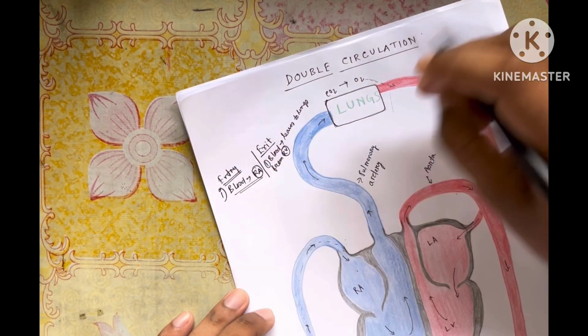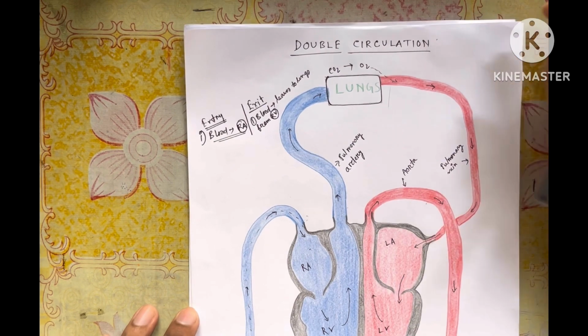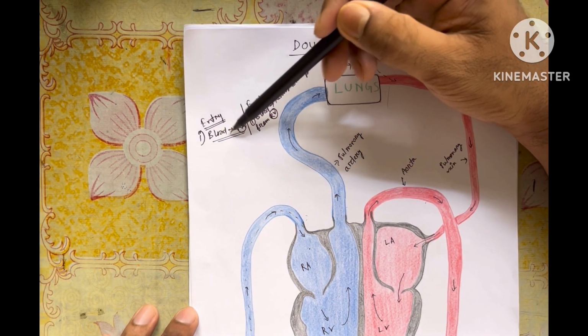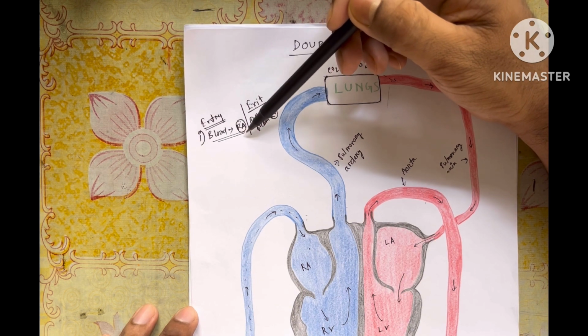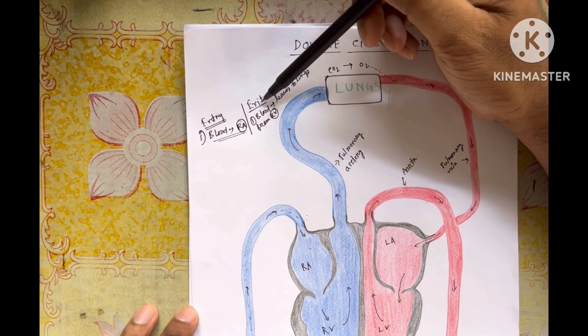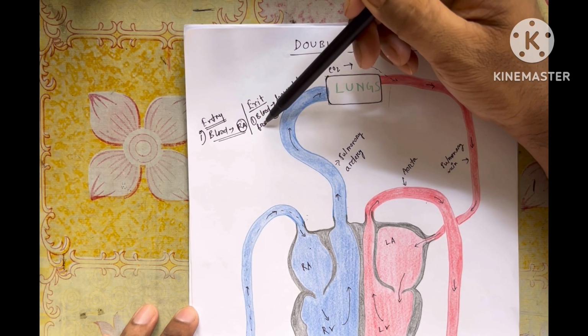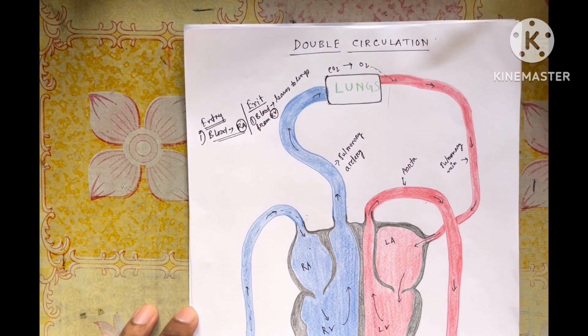So number one entry is when blood reaches our right atrium. First exit is when blood leaves to the lungs from our right ventricle.